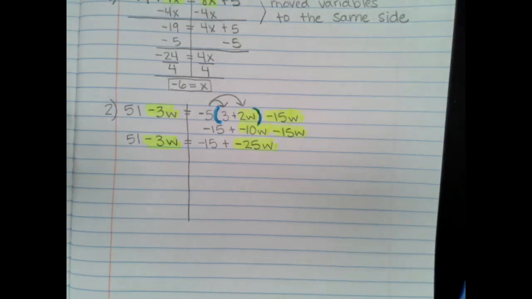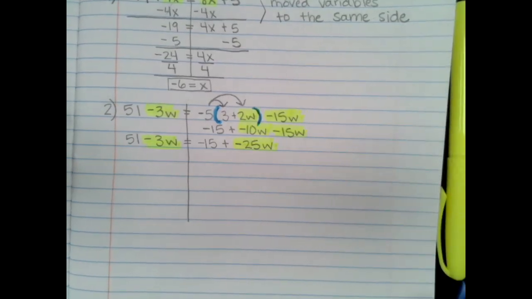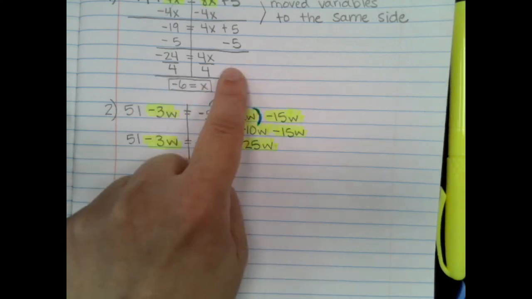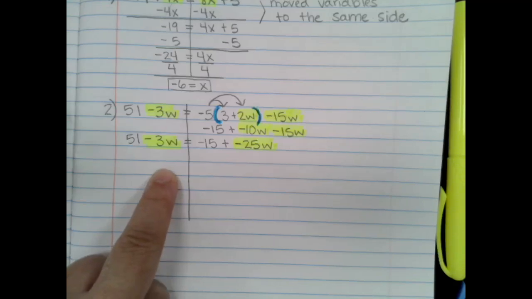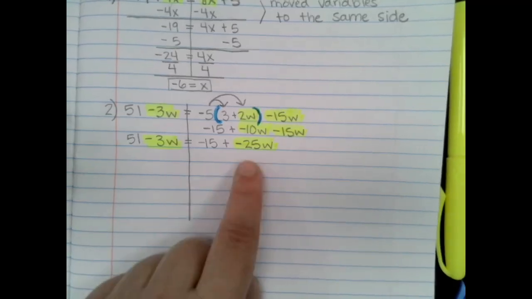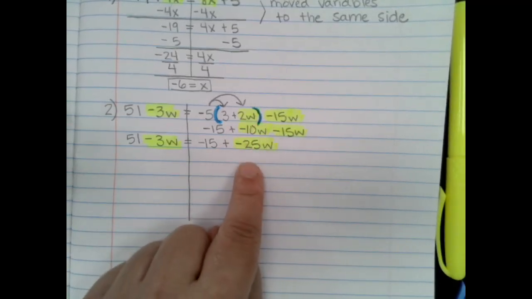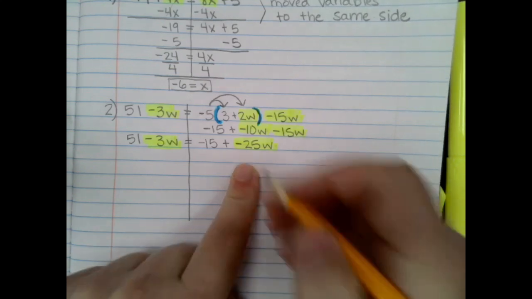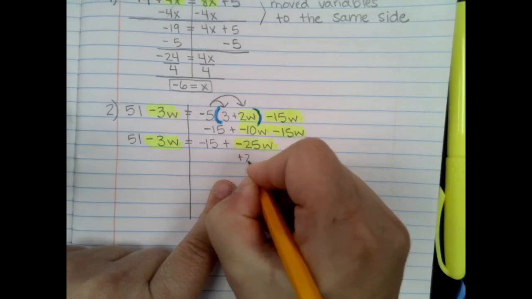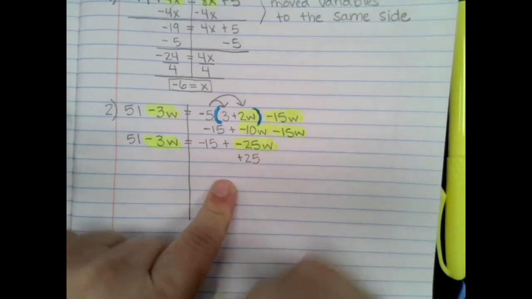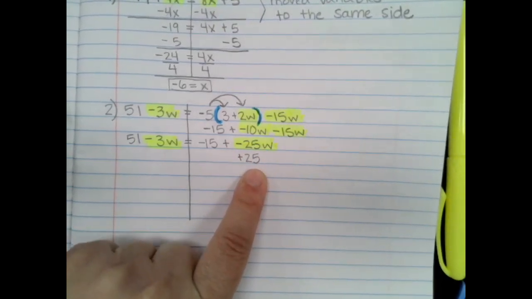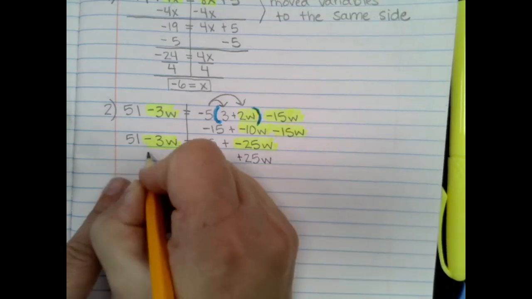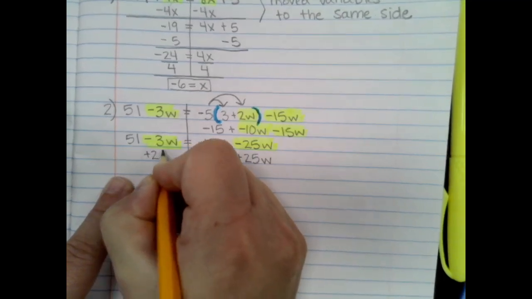That's our goal. Last time we moved the x's to the right side, so let's move them to the left side this time. So let's get rid of that negative 25w. Good, plus 25, and if we do it to one side? Do it to the other. Now what's really important though is when I say plus 25, it's not just 25, it's 25w. So it's going to go underneath the 3w.